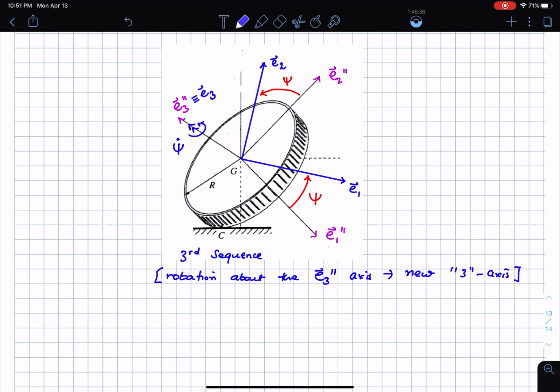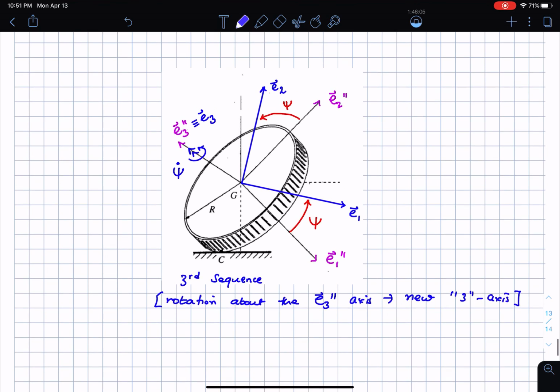All right, and as we said, the E1 double prime, E2 double prime, E3 double prime, we say this is not a co-rotational basis. This is just so that the contact point can still be given by means of using the E1 double prime, E2 double prime, E3 double prime coordinate frame. So it essentially means that this coordinate frame is not rotating with the coin. I'm just taking another coordinate frame and setting it up such that I get this angle psi that captures the rotation of the coin, or the spin of the coin.